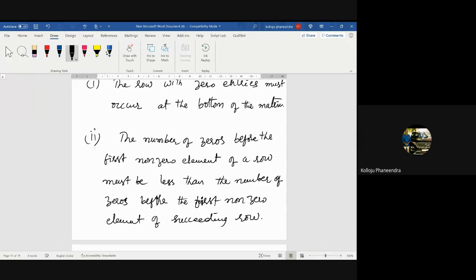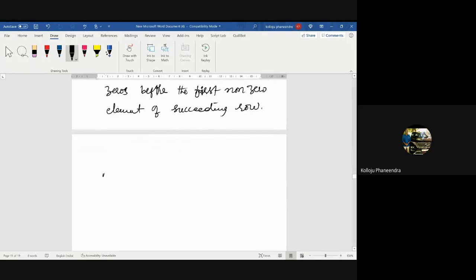To understand the second condition, I am giving one example. A matrix is there, your choice. I am considering 4 by 3 for your clarification: 4 rows and 3 columns.